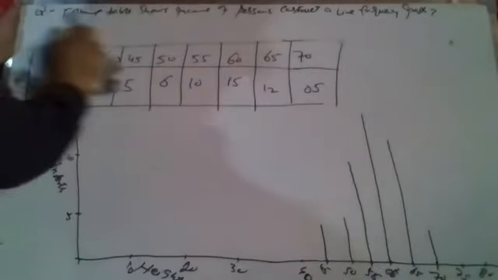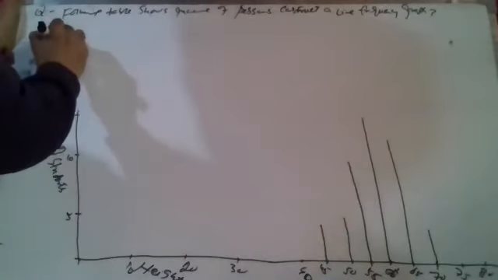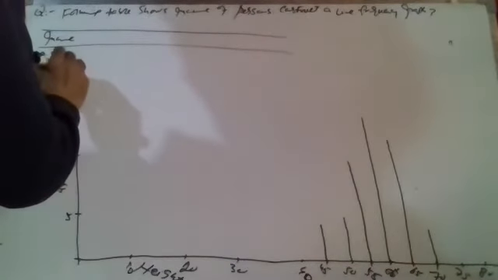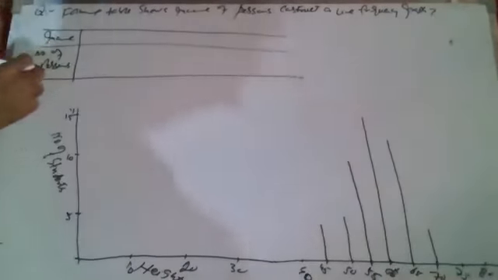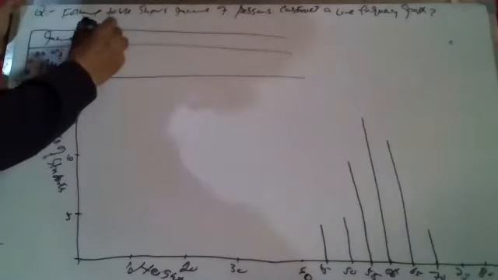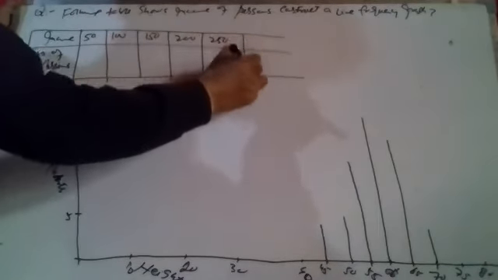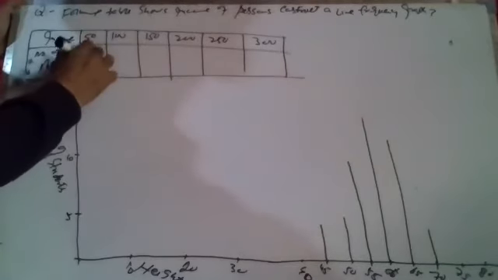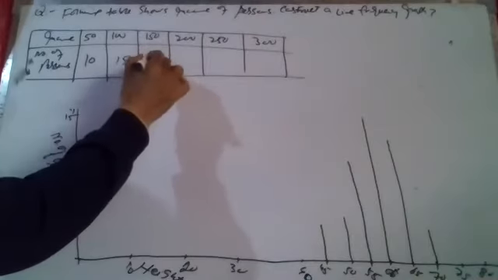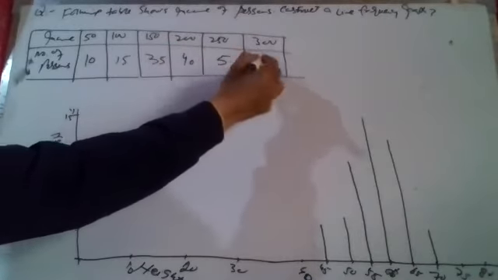What do we have to show? Income and number of persons. For example, income in steps of 50: 50, 100, 150, 200, 250, 300. For example, this is 10, this is 15, this is 35, at 200 it is 40, this is 5, this is 20.